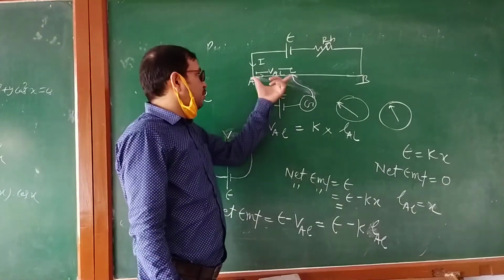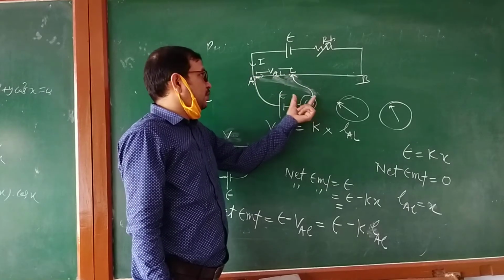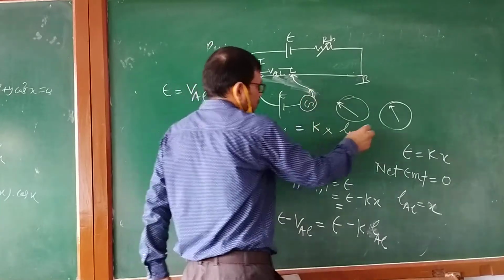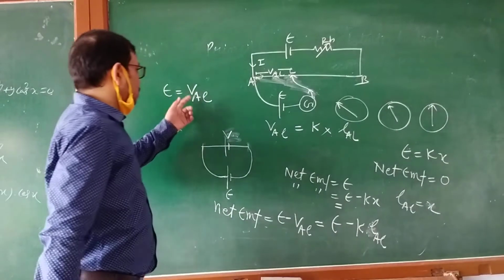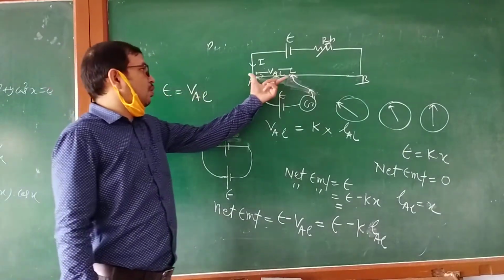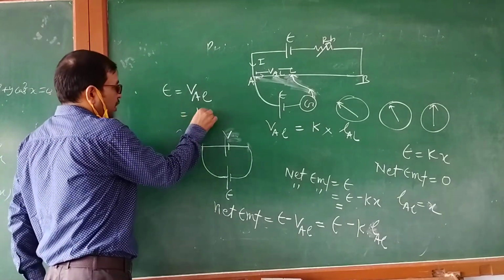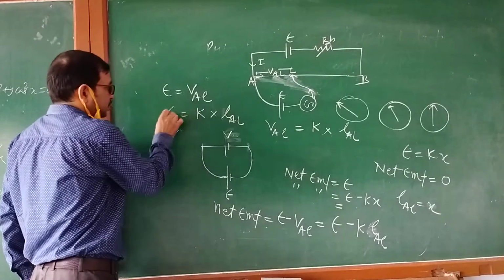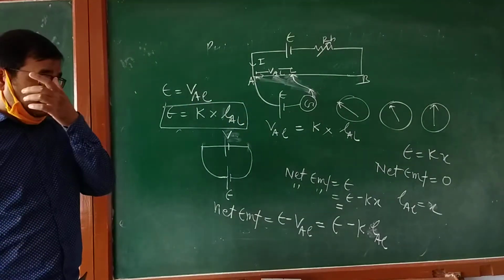The EMF of the cell will be equal to the potential drop across this length when these two are equal and the galvanometer shows no deflection. In the third case the galvanometer is not showing any deflection, so the potential drop is equal to the EMF. And what is the potential drop? K into the length of that section, that is AL. This is the formula for calculating the EMF.